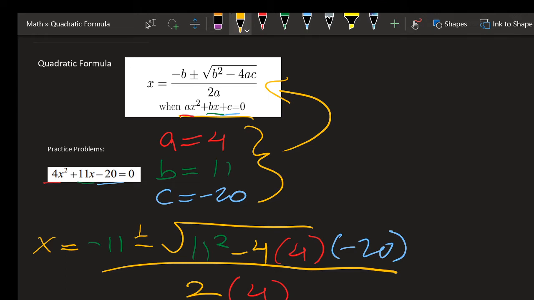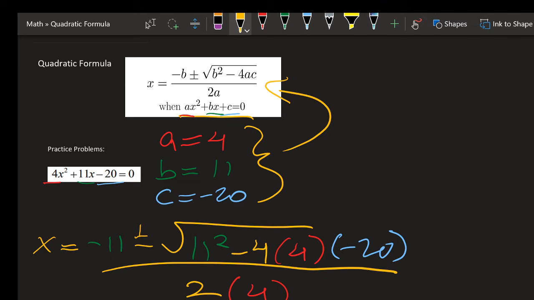We take this a step further and simplify this and say that negative 11 plus or minus the square root of 121 minus negative 320, over 8, sorry.